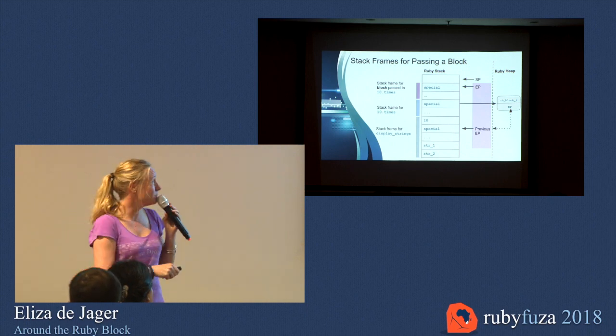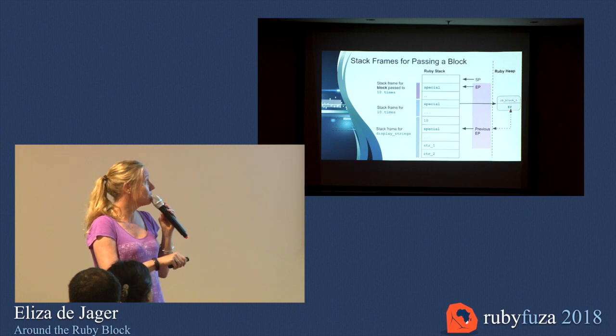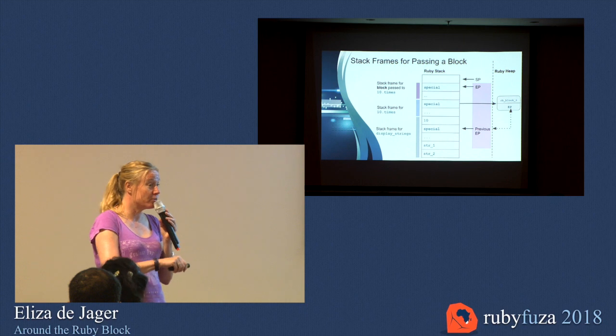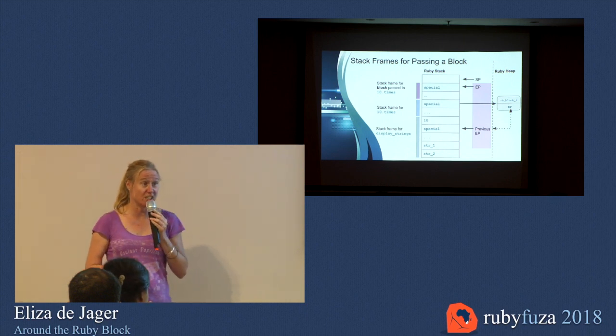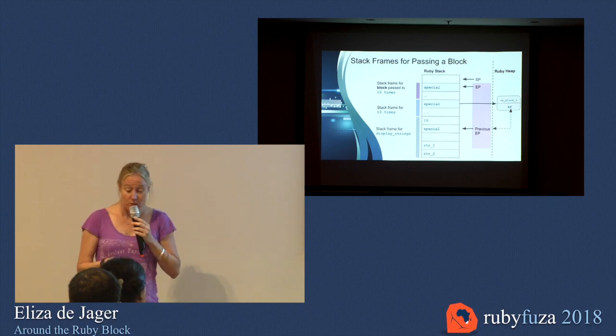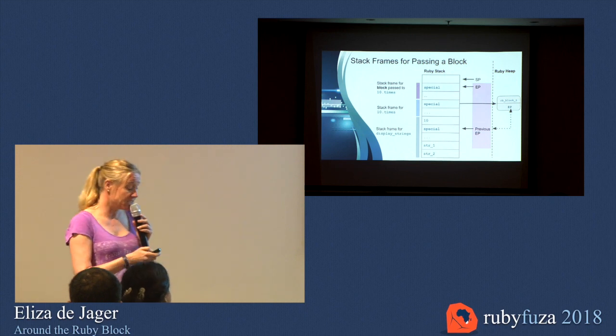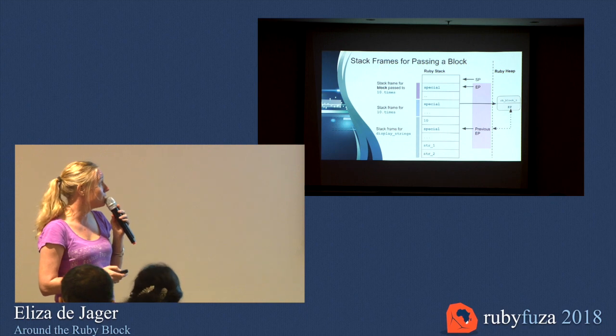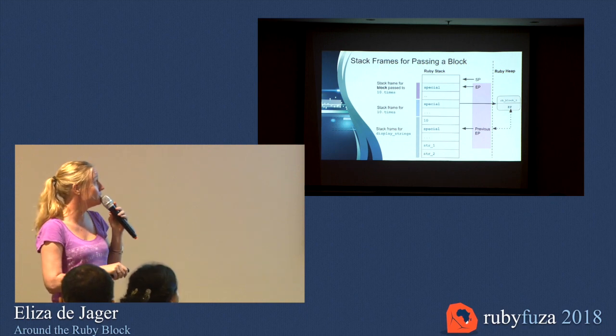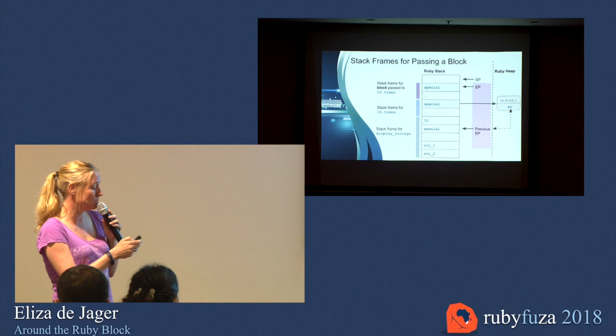And the way it does that is it basically just starts at this position in the environment pointer ladder, which was the position for your block's environment pointer, and then it moves down the ladder looking for the local variable defined in some outer scope that you are trying to use inside the block. So this is basically what happens. This is actually called dynamic variable access, and it's what happens when you try and access these outer variables.